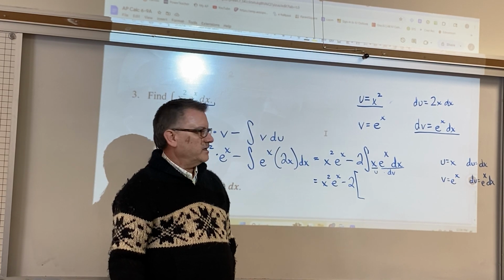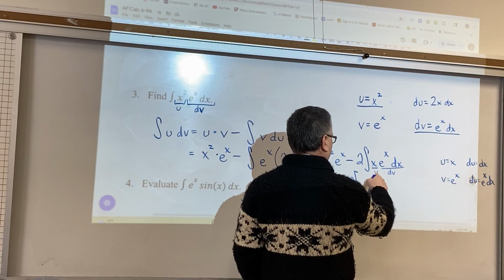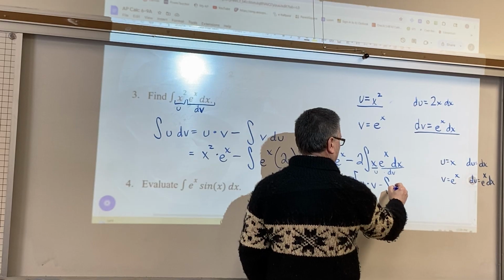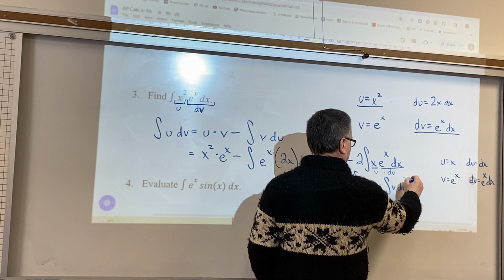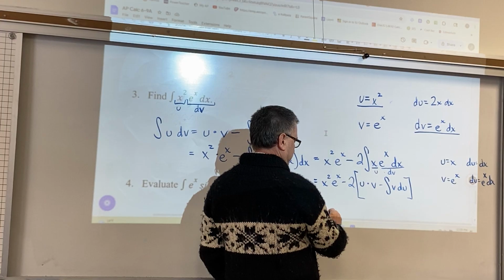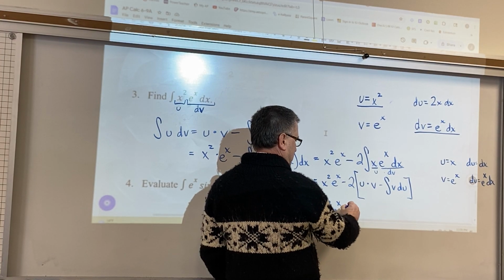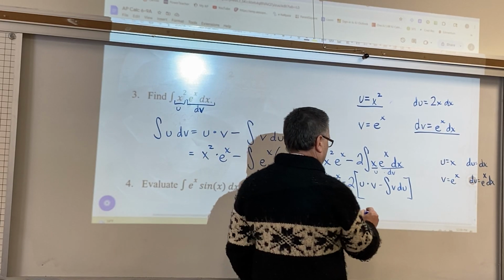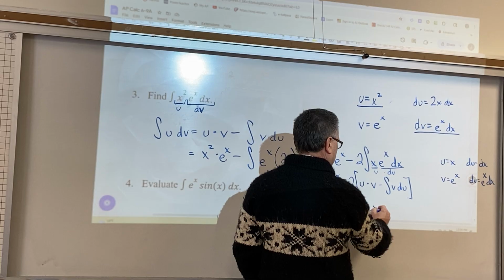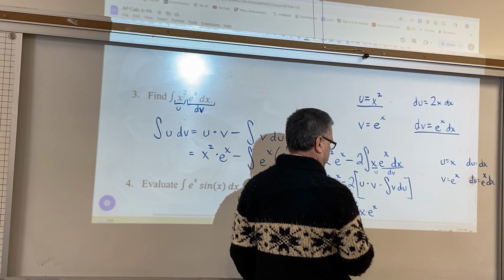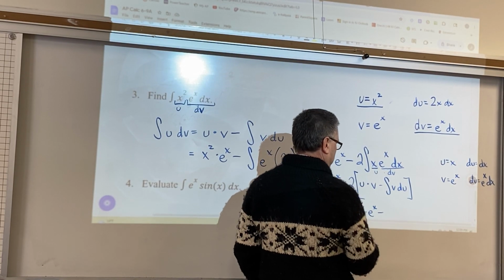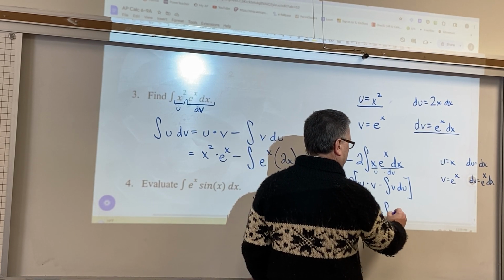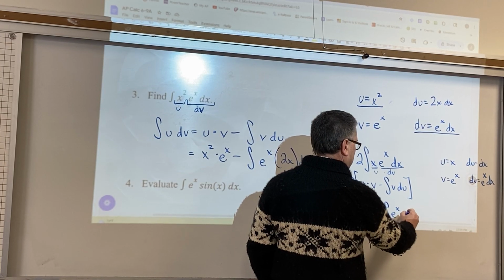So if I'm doing it again, this becomes u times v minus the integral, this time of v du. I got this part, don't have to do anything there, minus 2 times, now I have to plug in again: x times e to the x, minus the integral of e to the x du, which is just dx.